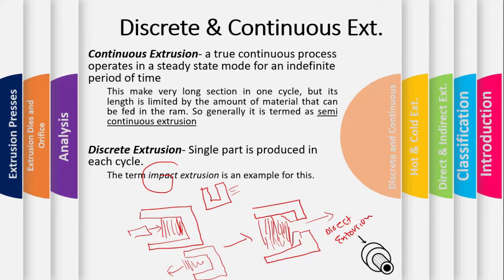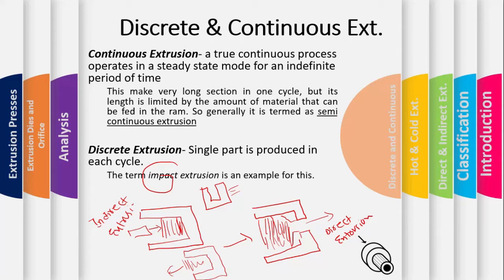So that is called an impact extrusion. So a discrete extrusion is performed as an indirect extrusion, right? While the continuous one is performed as a direct extrusion. And mostly in discrete extrusion we apply the impact loading, so it is also known as an impact extrusion.